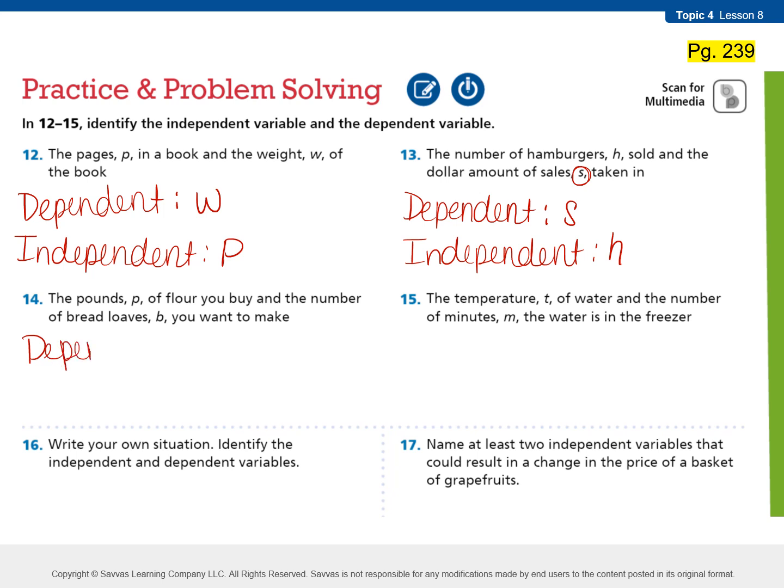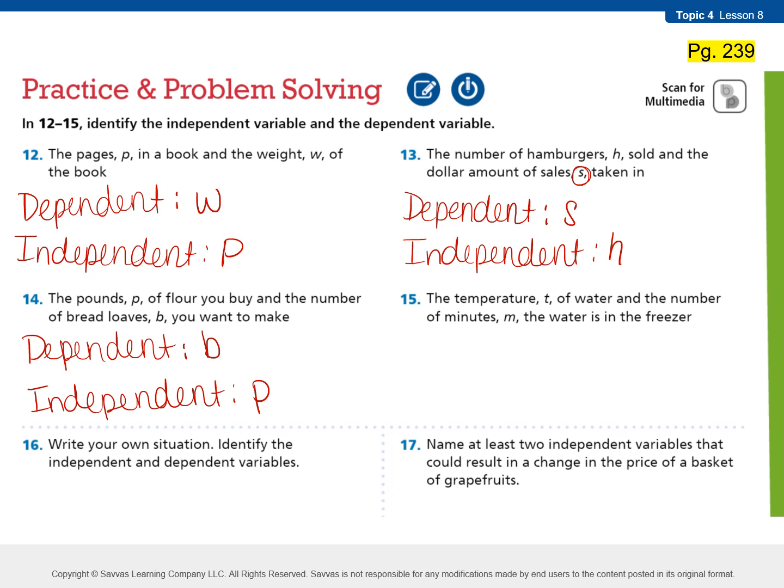So my dependent would be what? The bread loaves. Okay, your independent is the number of pounds, because your bread doesn't know how many loaves it's going to make until it knows your number of pounds.